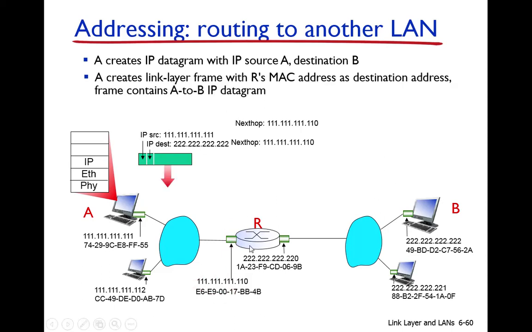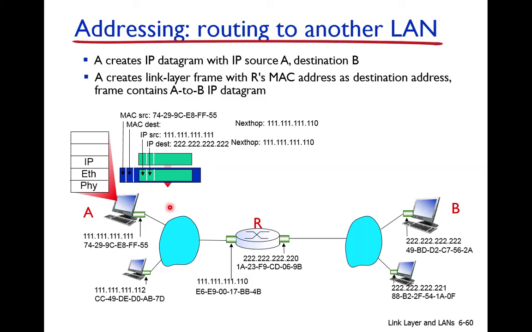Now the IP layer passes the message to the MAC layer, the Ethernet layer. This is the link layer. The link layer uses MAC addresses, as we have discussed.